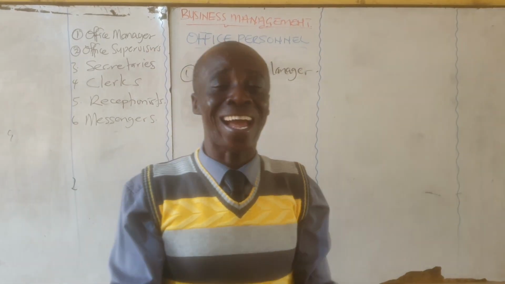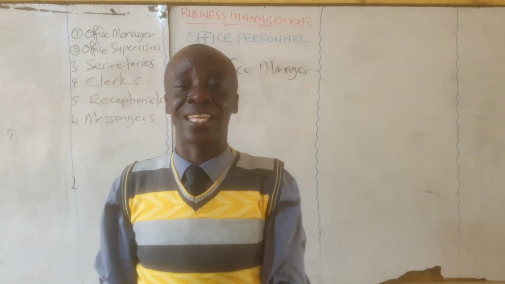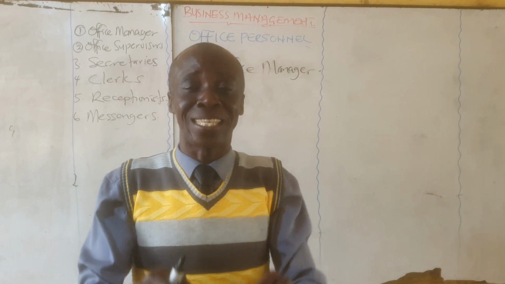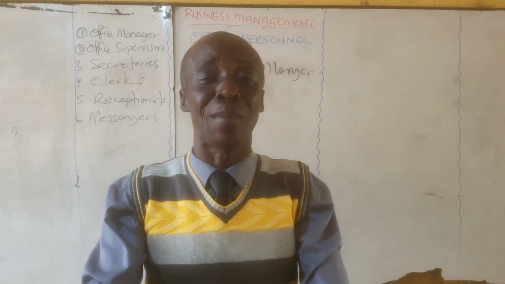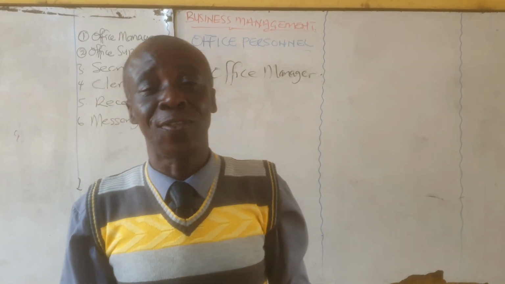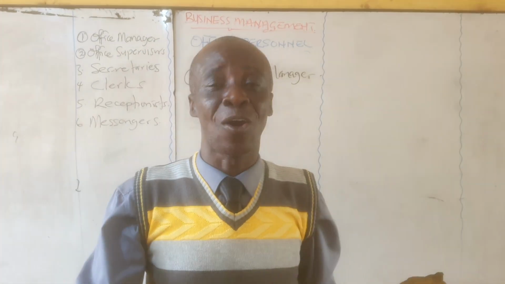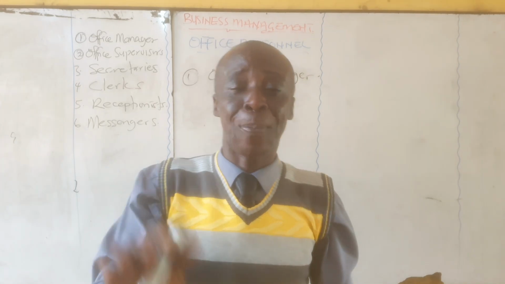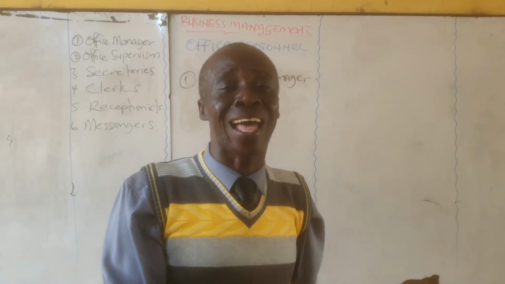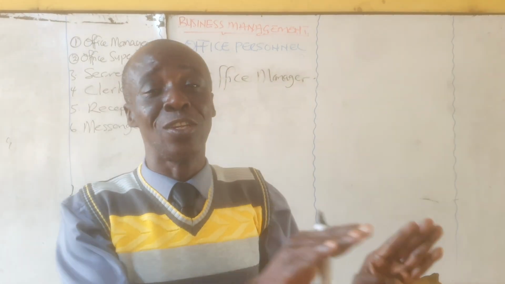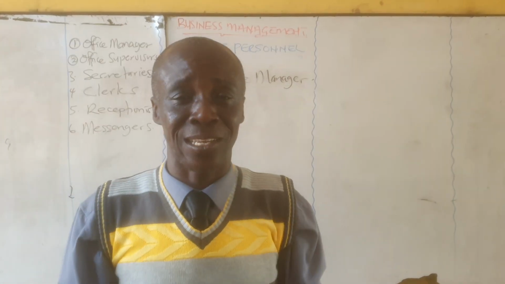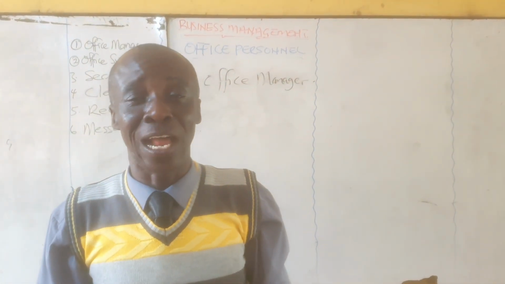When you go, there are categories of workers there. One of them is the manager there. But when you go, they don't call the person the manager of that office. They say the administrative officer or administrator. Apart from that one, there are other personnel that he, or in your case, she works with. And that is what we are looking at.